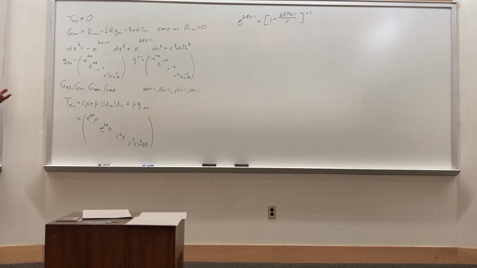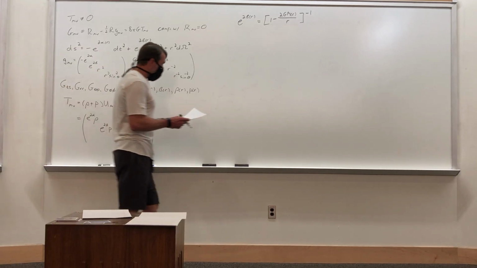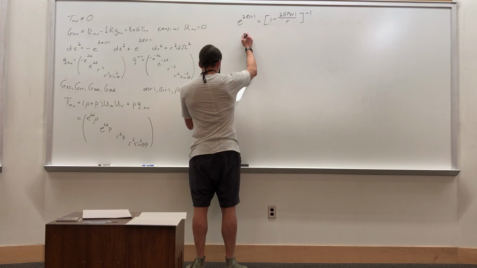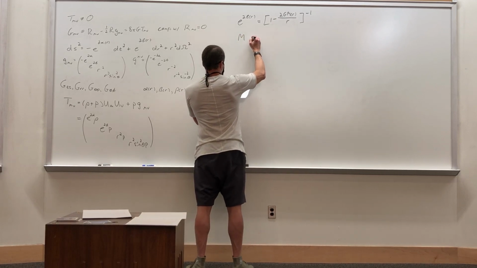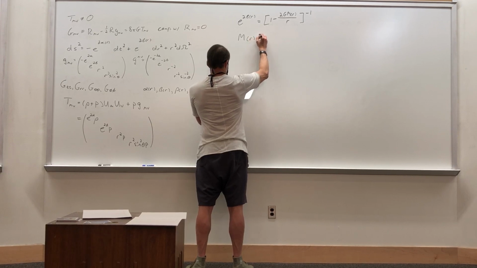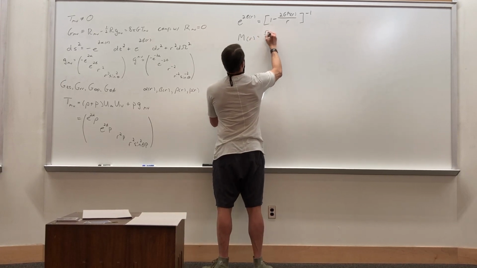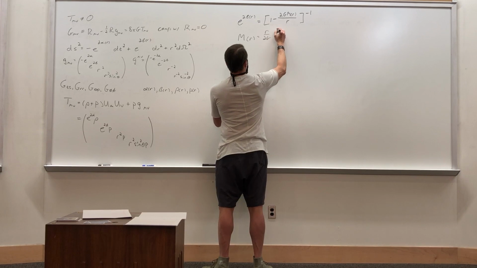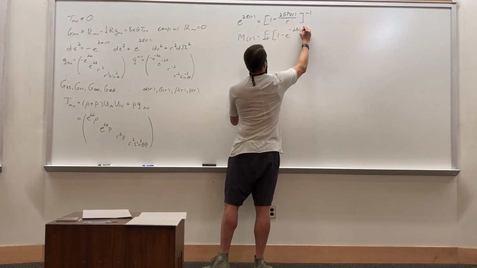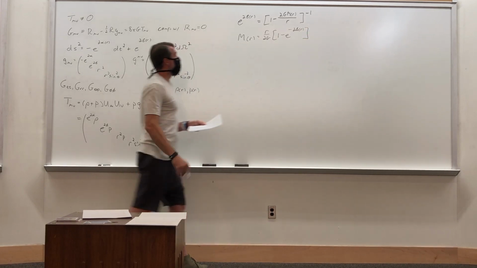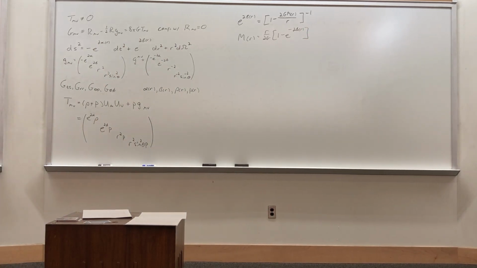One of the reasons we do it with the RR term is because this can be rewritten in a very simple form. That's just solving for the mass as a function of r.